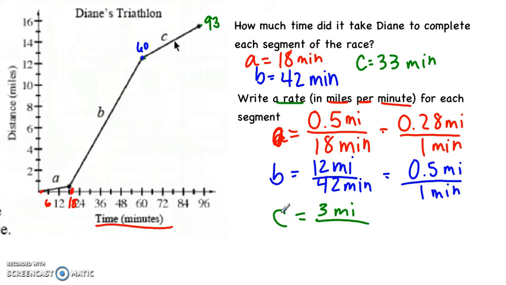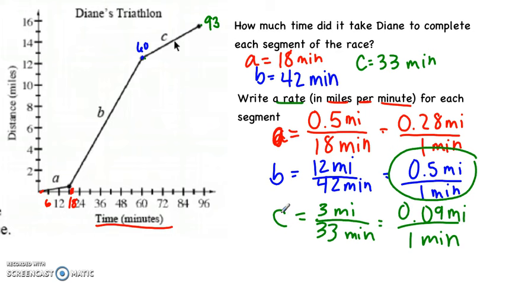And we found on this slide 33 minutes. Divide and we get 0.09 miles per 1 minute. Using this data, I can see that, and it confirms that the middle part was the fastest and that it covers the most miles per minute.